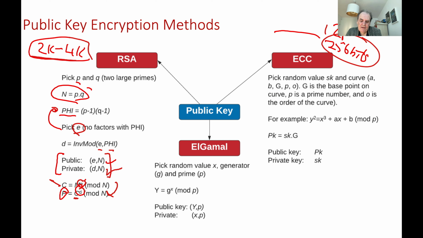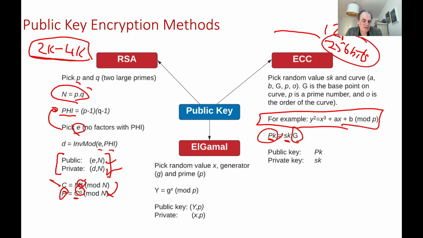For this, we have a curve which is defined with its x and y by this type of equation here: y squared is equal to x cubed plus ax plus b mod p. As we'll find, we have a secret key or a private key, sk, and we have a public key. What we have then is a base point on the curve, which will then be used to compute the public key.